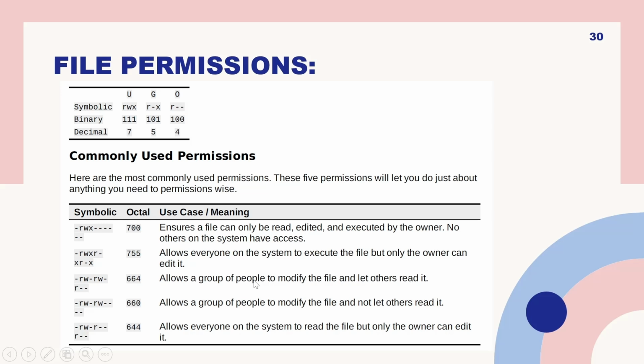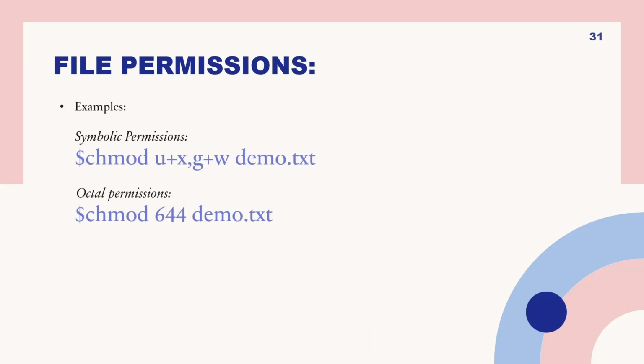If we have understood this, let's take an example. chmod is the command for changing the permission of any file or folder. For using the chmod command you should have admin privileges.